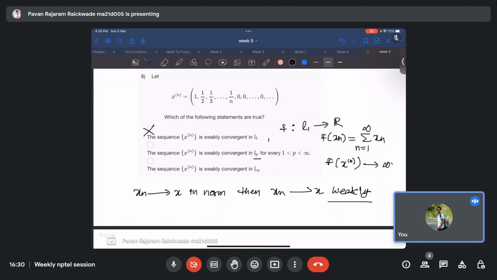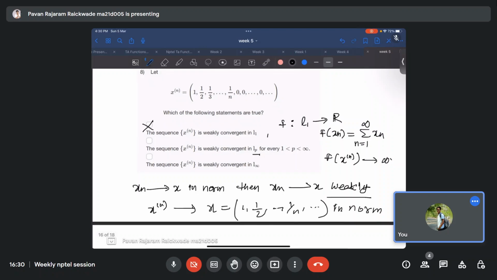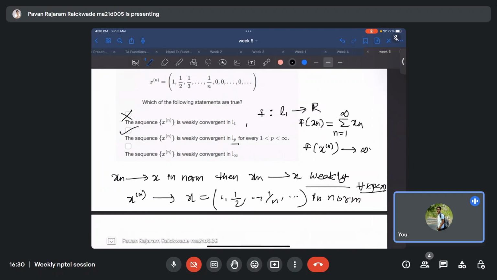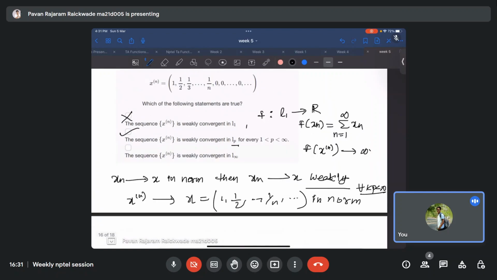Here, in every Lp space, this xn converges to the element x, simply the 1/n sequence, in norm. This implies the sequence xn is weakly convergent in Lp. Also in L infinity it converges to the same x in norm, so it also converges weakly there.